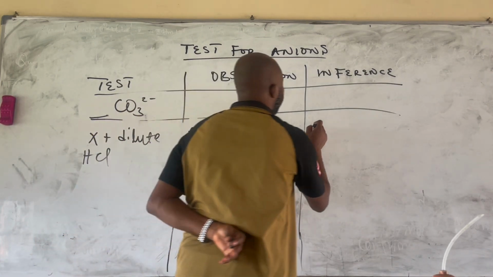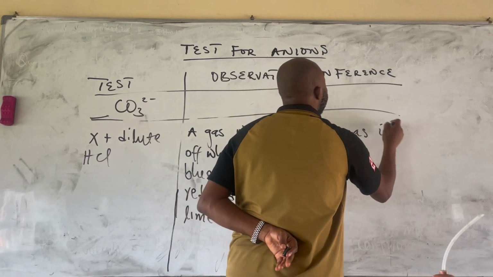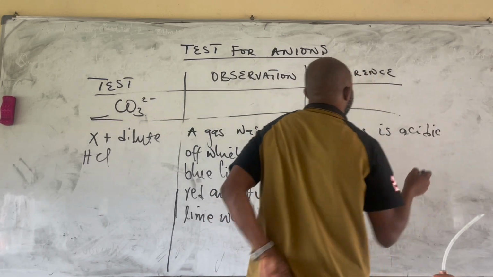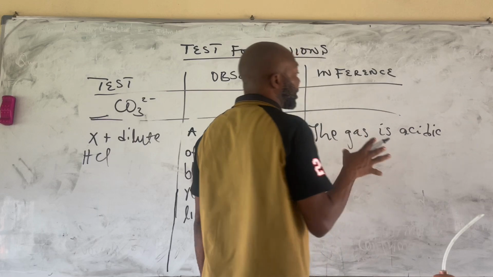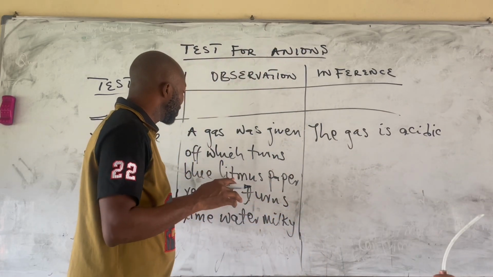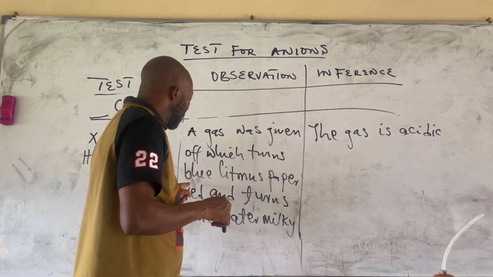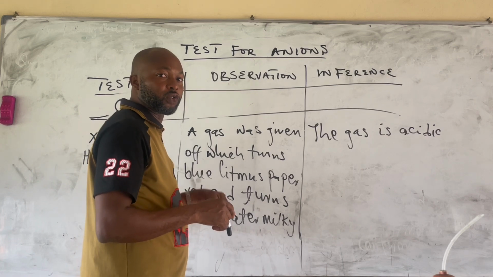We say the gas is acidic. Not just the fact that the gas is acidic, two, because it turns blue litmus paper red, it shows an acidic property. Two, it turns lime water murky. The gas is carbonate, CO2.